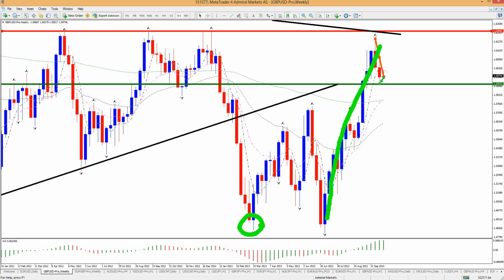It went all the way up to challenge this top. So for the pound dollar to break this top all the way from here in one go, well, you know the answer. It's very unlikely, but it still could have pushed up to maybe exactly that level at 163.